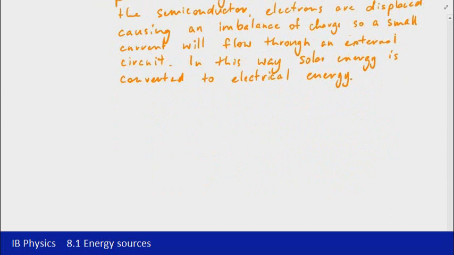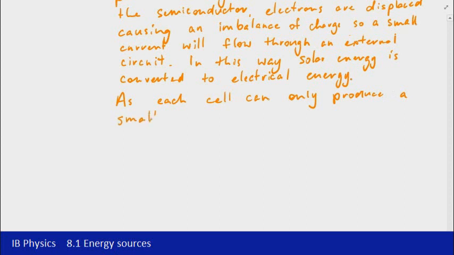Each cell, though, generally speaking, only produces a small EMF. Each cell being a PN junction, so P-type and N-type, only produces a small EMF and a small current.